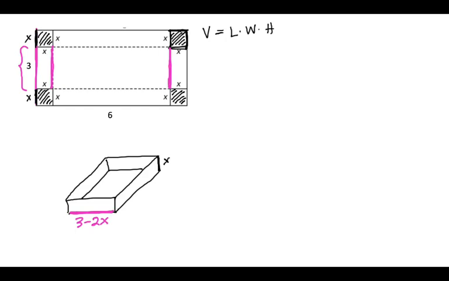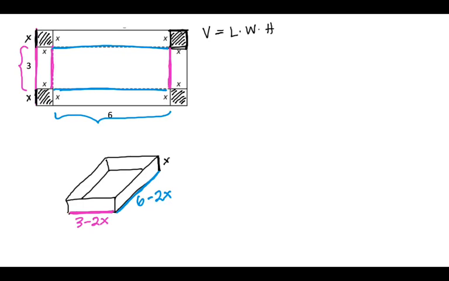Likewise, the length of my box, the long part, comes from the long part of the paper that's left. And that paper would be 6 meters minus 2 of these x's. So this is going to be 6 meters minus 2 x's in the corner.